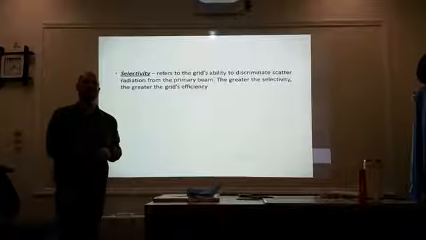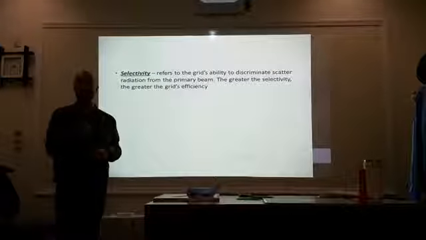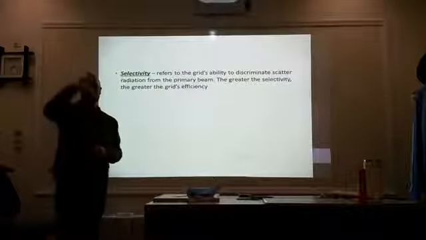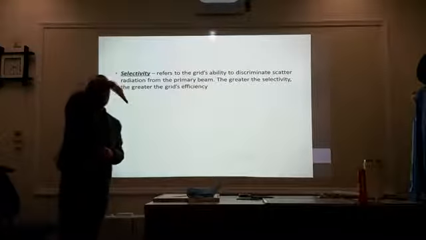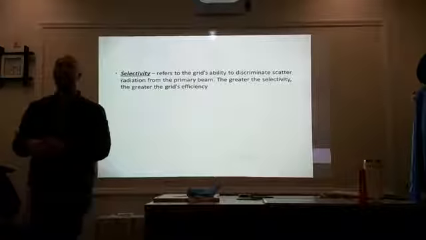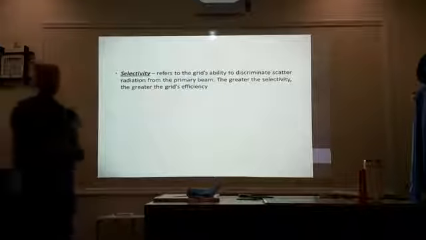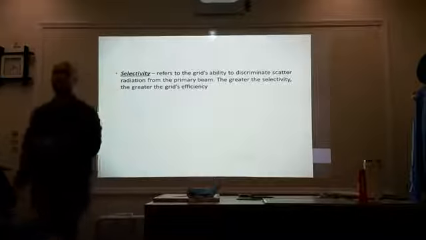Higher. A higher grid ratio is going to be more selective in removing the scatter radiation, especially even the minimal angular photons. They may be slightly angled, but it's going to clean up those angular scattered photons. So higher grid ratios have a higher selectivity.